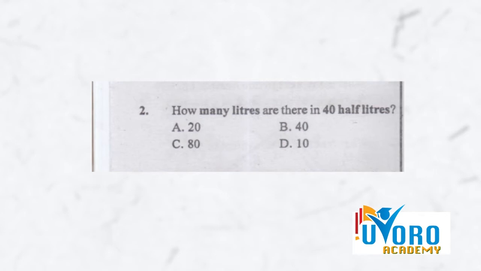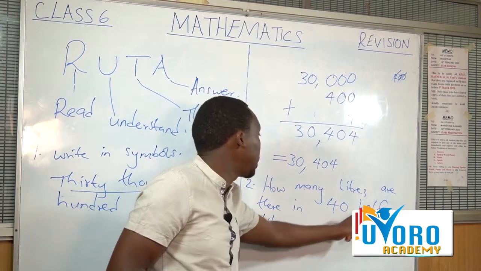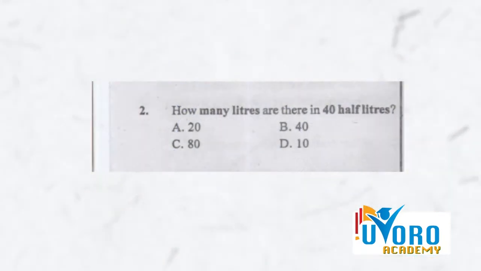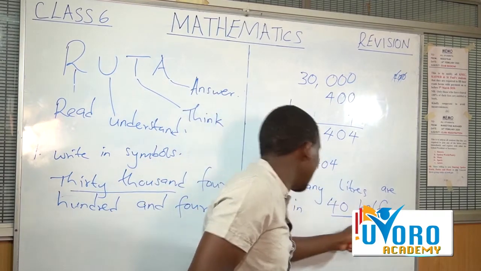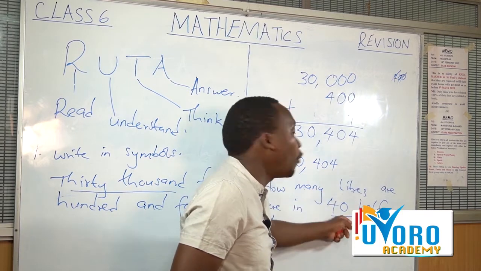Now, our question reads, let's all of us read the first R. How many liters are there in 40 half liters? Now, what is the key word here for you to understand? How many liters are there in 40 halves? 40 halves, not how many half liters, but how many liters are there in 40 half liters?